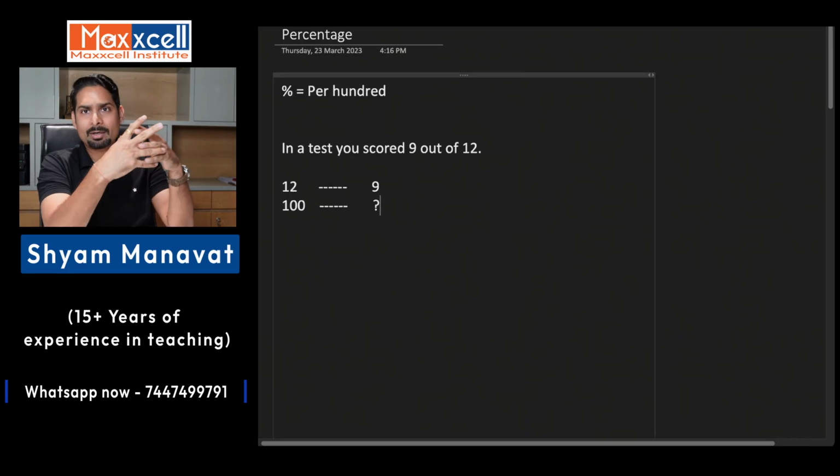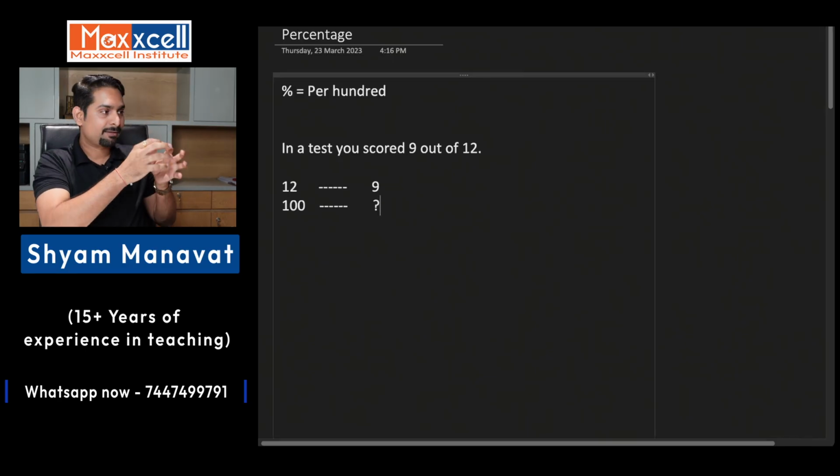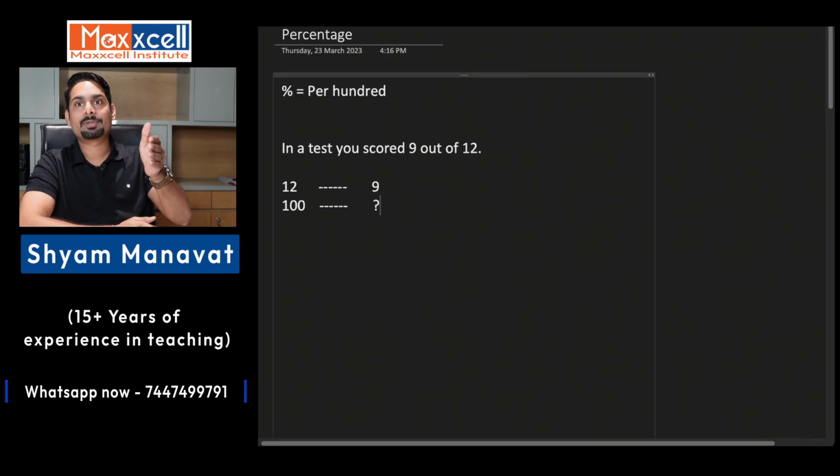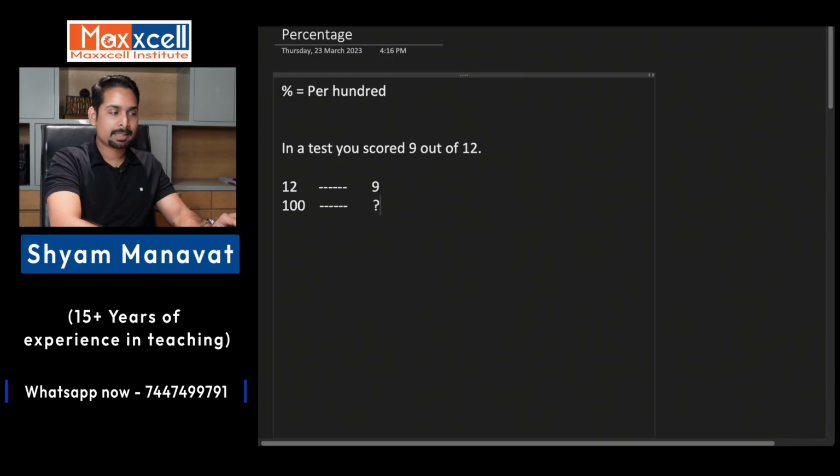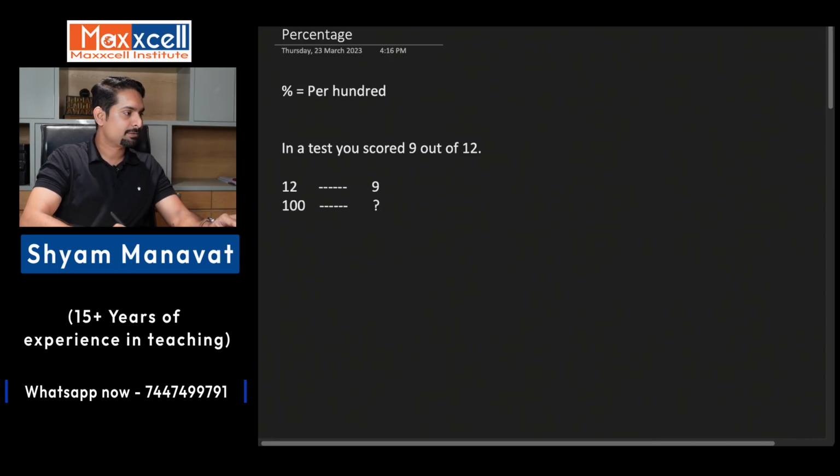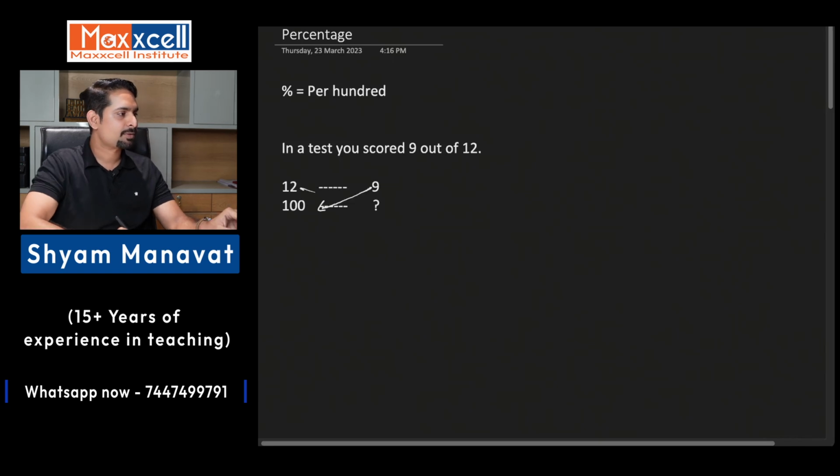Now we have all studied in school time that if we get such a statement, we usually use cross multiplication, correct? So if you try to simplify this, you will say this should be 9 into 100 divided by 12.